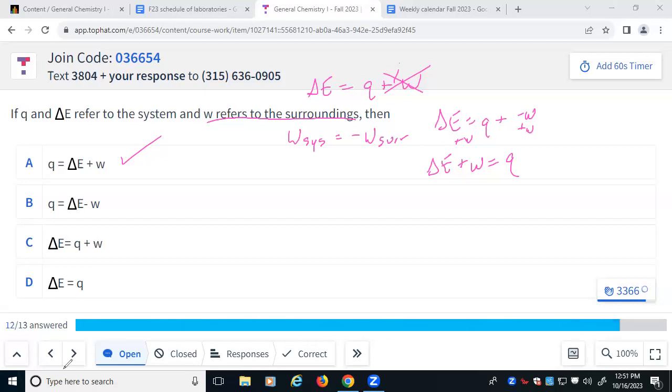C is a nice convenient package because it's the first law, but since the three variables are not all talking about the same thing, we have to get them all on like terms before we combine them. And so that's why A ends up being correct there.